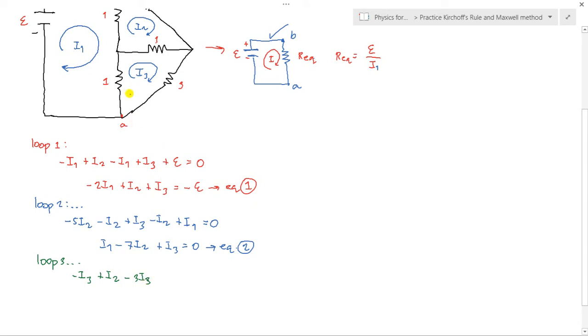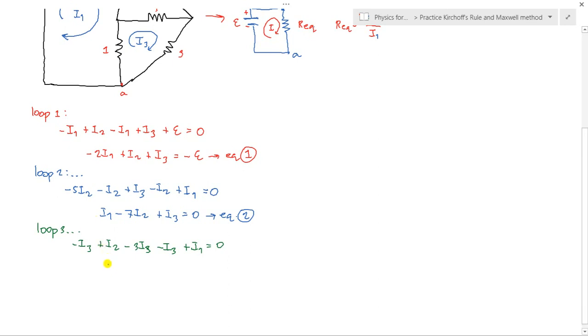Next, it passes through resistor 1 on the left side. Another voltage drop, minus I3. Then at that resistor, I1 also interacts in the opposite direction. So that is plus I1 is equal to 0. Rearranging, we have I1, then I2 here is plus, so plus I2. I3 here is 3, 4, and 5. So minus 5 I3 is equal to 0. So this would be our equation 3.